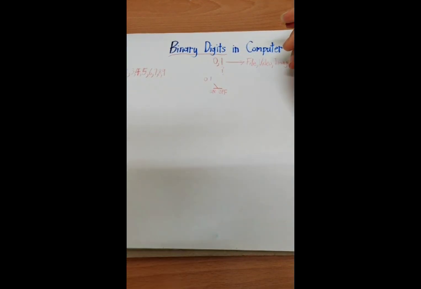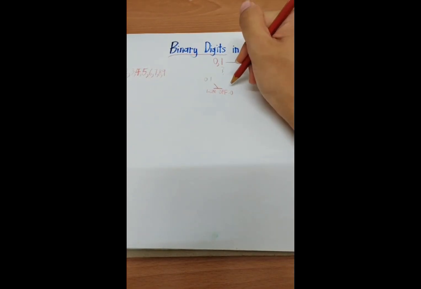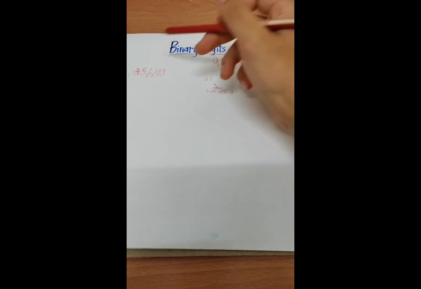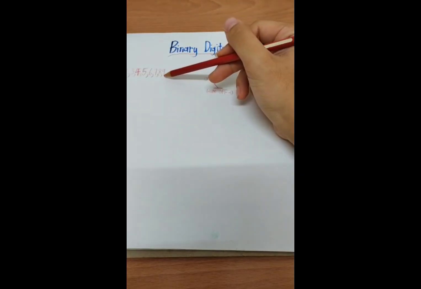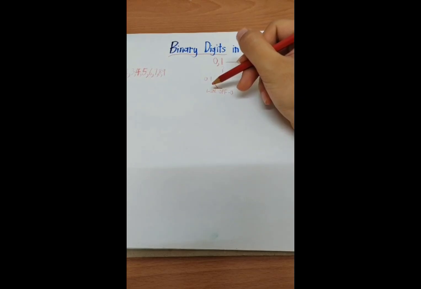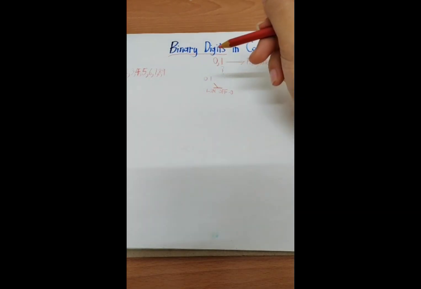So it only has two possible states. If our computer used decimal numbers, it would have 0 to 9 possible states. So if the computer uses binary digits, it only has two states to do its function.